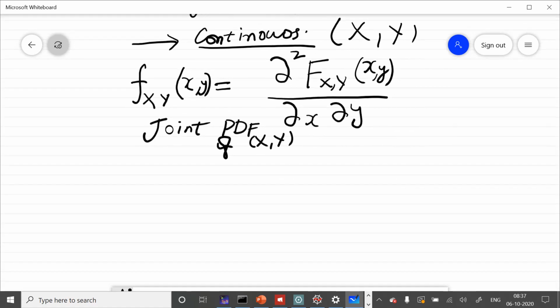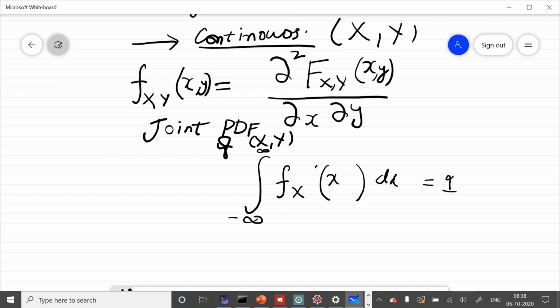And if you remember, when you had a single random variable, it should satisfy one of the important properties, the normalization property, that if you integrate it from minus infinity to plus infinity, it should sum up to 1.